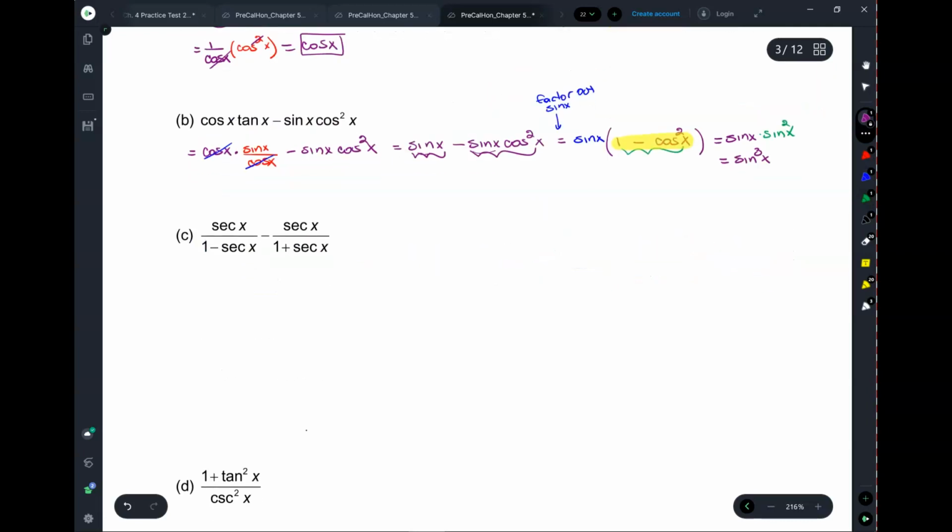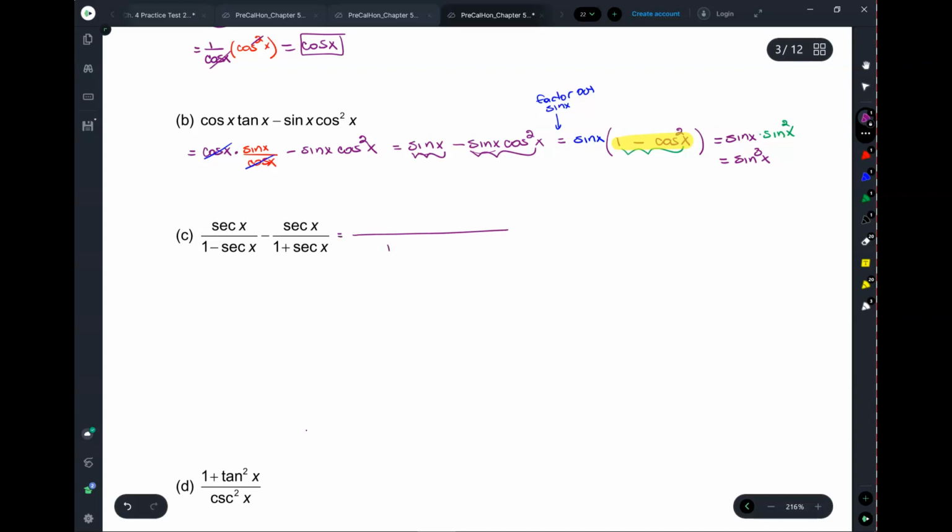Now, this next one, I'm trying to do one of each type of problem. When you have a fraction, let's put on hold putting it in terms of sine or cosine. First, I like to put it in terms of one fraction. So I want to do a common denominator.